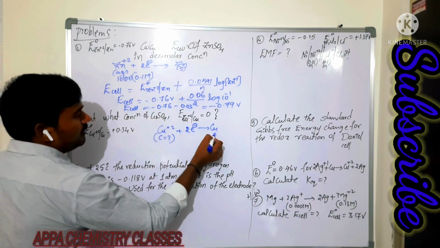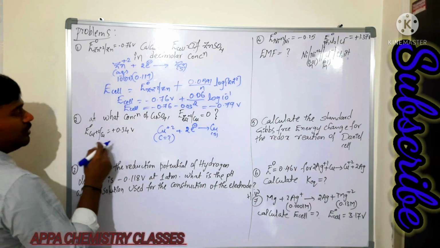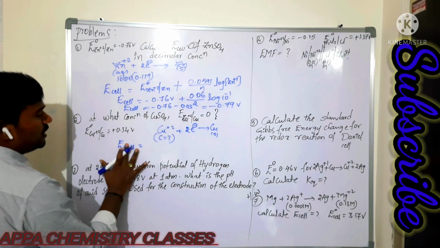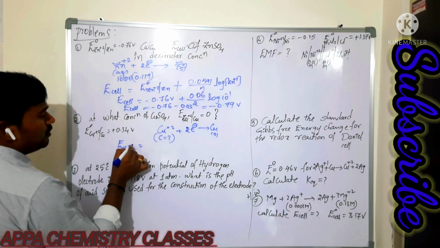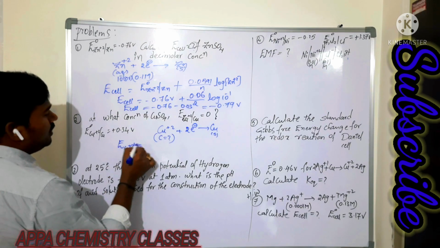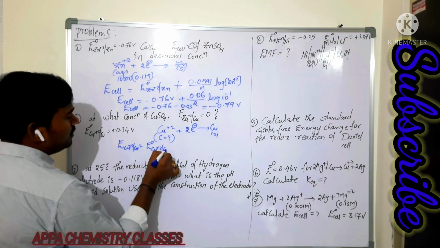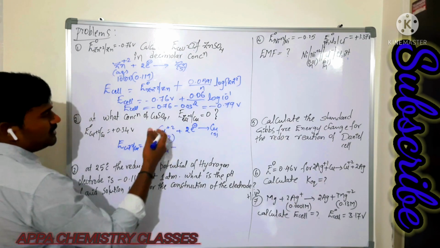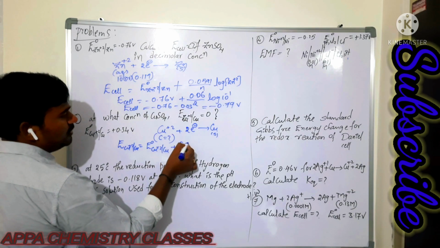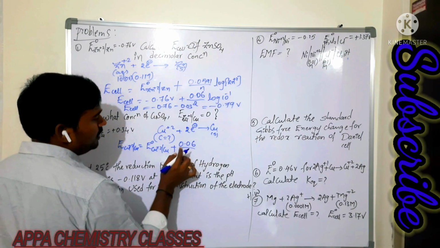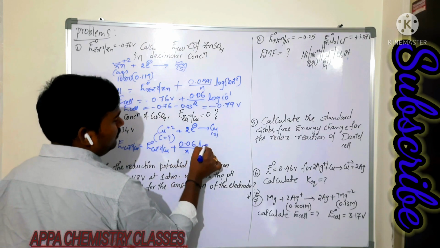Okay, what they have given here is the electrode potential. E cell is also given, that is 0, for Cu plus 2 to Cu, and E naught cell is what? E naught of Cu plus 2 to Cu minus, since it is a reduction potential we will get a plus value here, 0.06 by 2, because n electrons, I will write one more step.